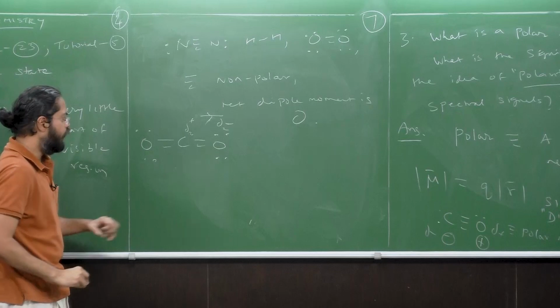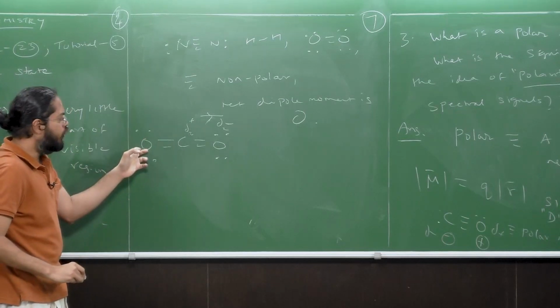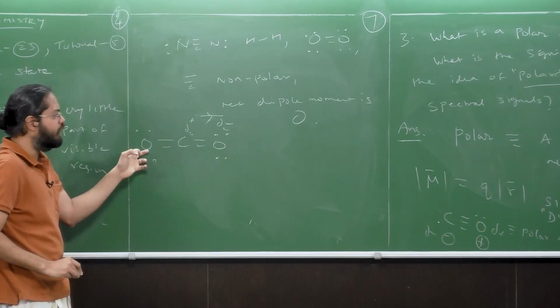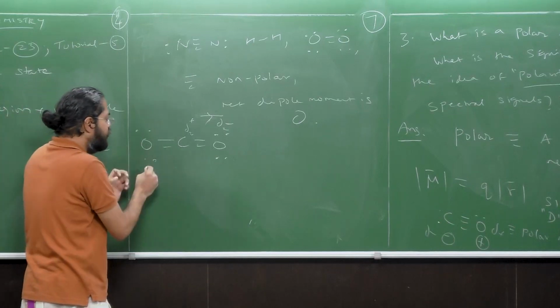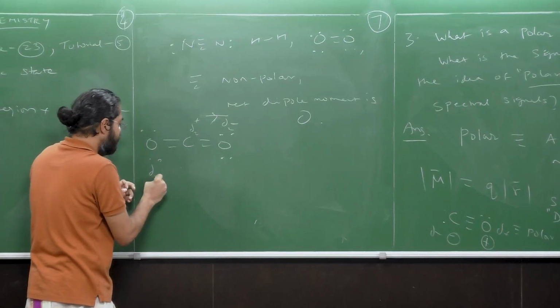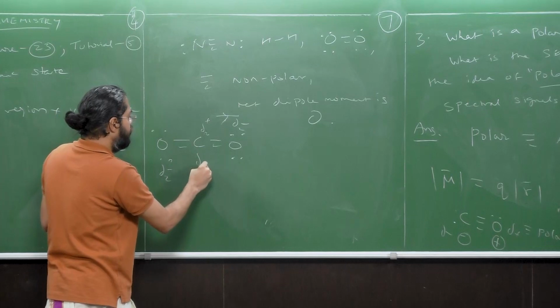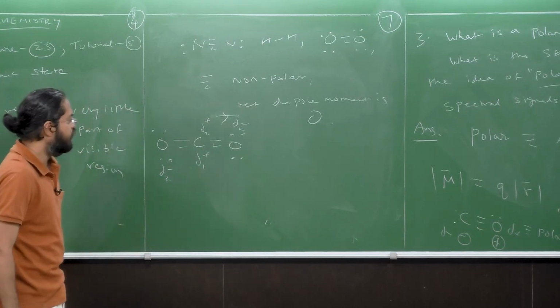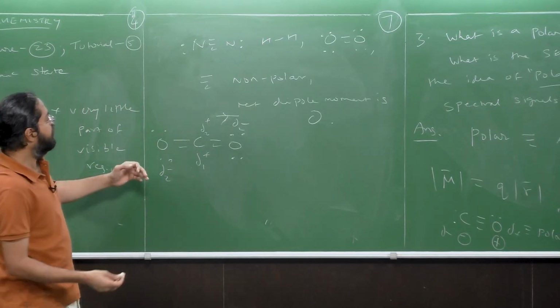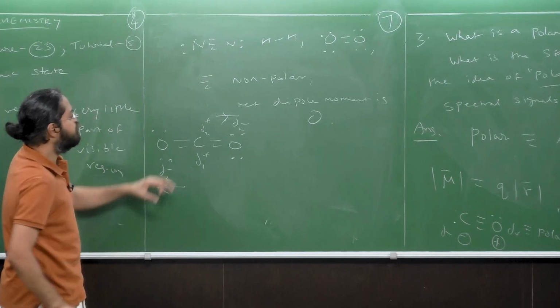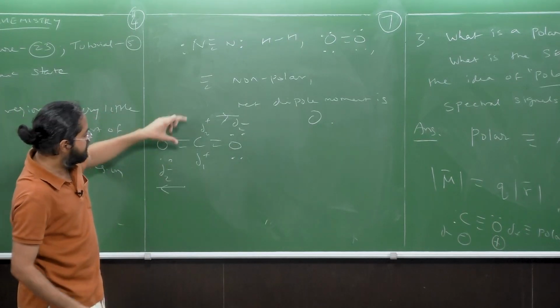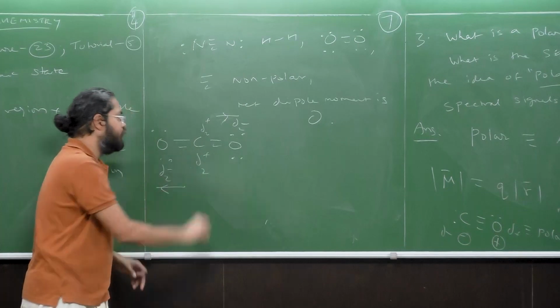Now for this bond, again the same oxygen, it's also going to be delta 2 minus and delta 2 plus on the carbon. Because the magnitude of this delta is delta 2 minus, this is also going to be delta 2 minus.